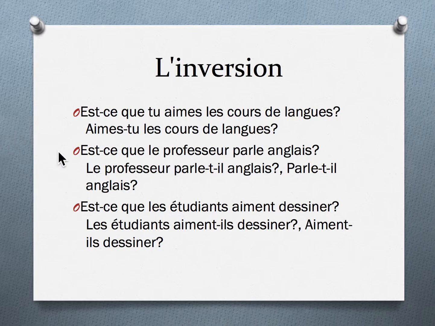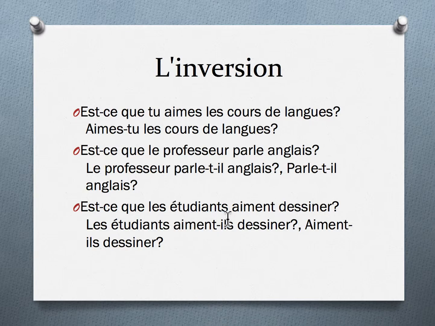Other example. Est-ce que le professeur parle anglais? Does the professor speak English? Inversion. Le professeur parle-t-il anglais? Or, if you don't want to use le professeur, parle-t-il anglais? That's the pronunciation. Est-ce que les étudiants aiment dessiner?